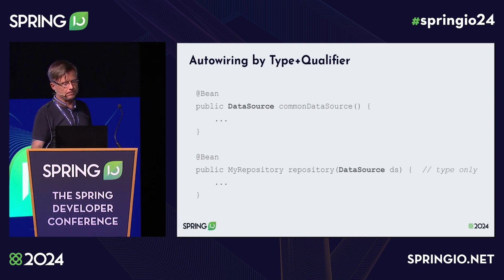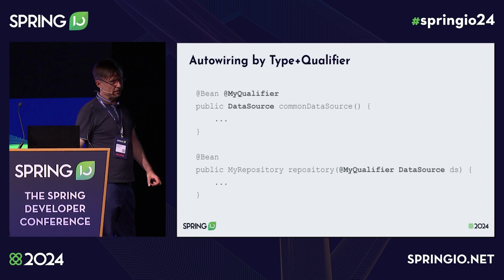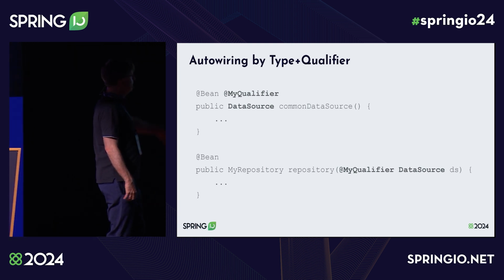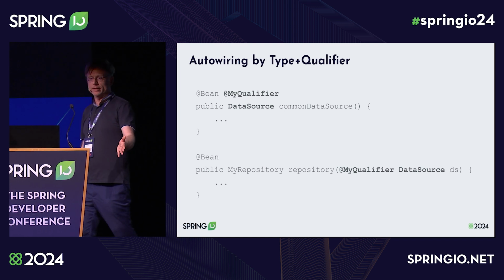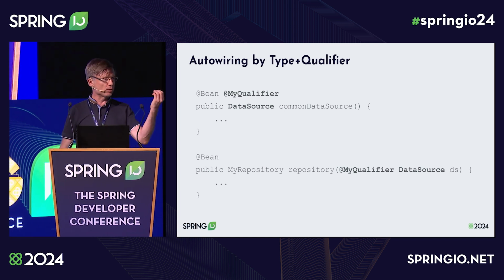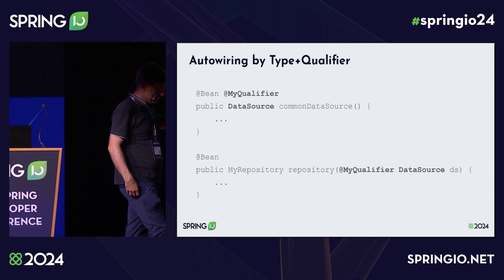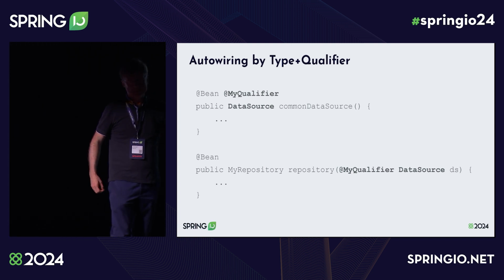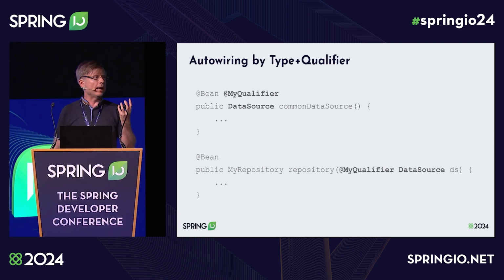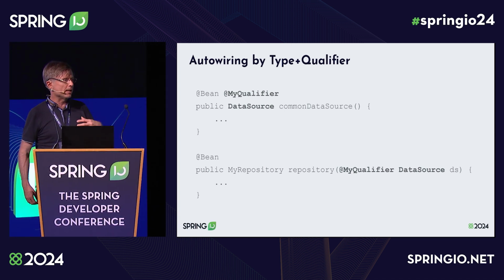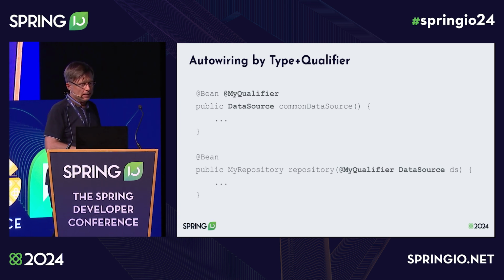No concerns. If the DataSource happens not to be unique, you can add a qualifier. This is an arbitrary artificial name here. We actually recommend qualifiers to be more specifically named, so you can use, like, @OrderModule, @OrderDomain, @Accounts or whatever. You can use a name that has a meaning, that expresses something in your layout, in your code base, in your architecture.